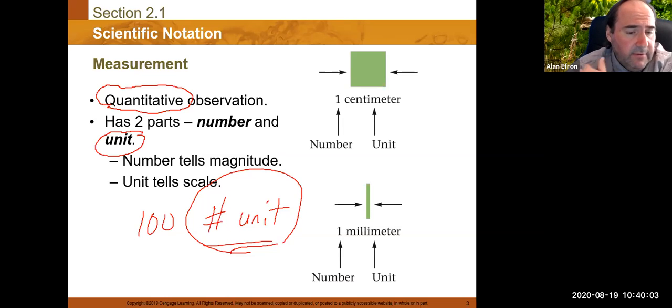A lot of times people leave off the units, and it's not good because you don't know exactly what that number means. Also, when you do calculations like dimensional analysis, you can't see the units canceling. So it's really important to include those units always in answers, and also in calculations, so you can see the units canceling.